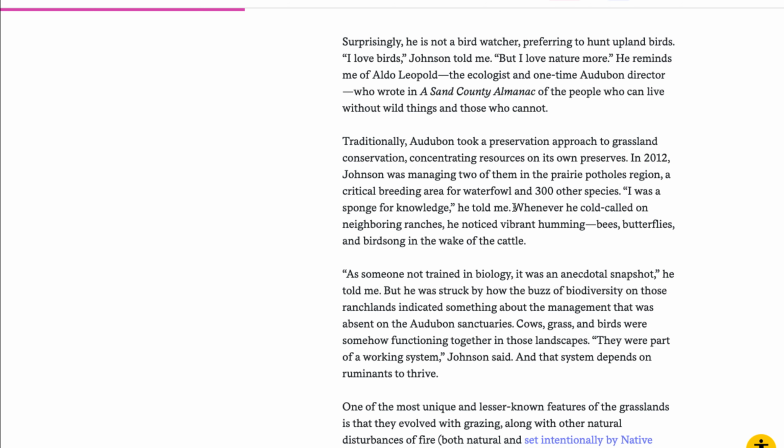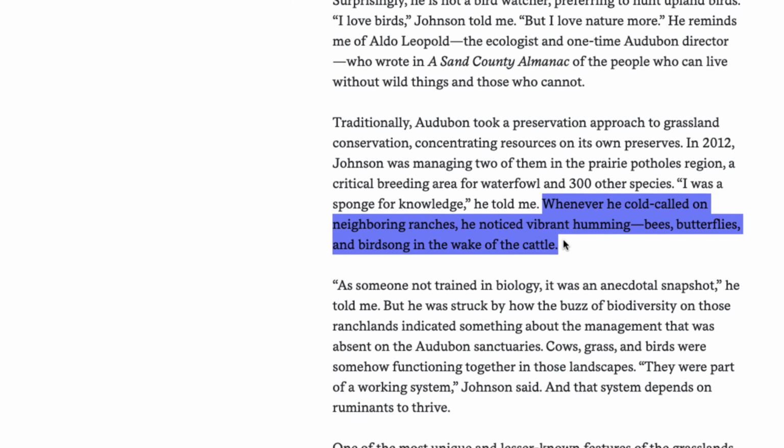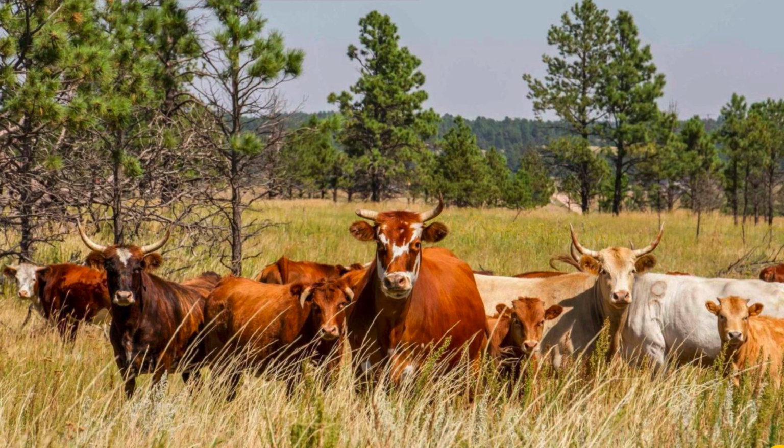While he didn't have proof, he had noticed that whenever he visited a ranch, there was always vibrant humming and bird song that followed the cattle along the Great Plains. Intuitively, this shouldn't be too surprising. Prairies need grazers, and in the absence of the traditional buffalo herds, cattle are perhaps the next best thing.